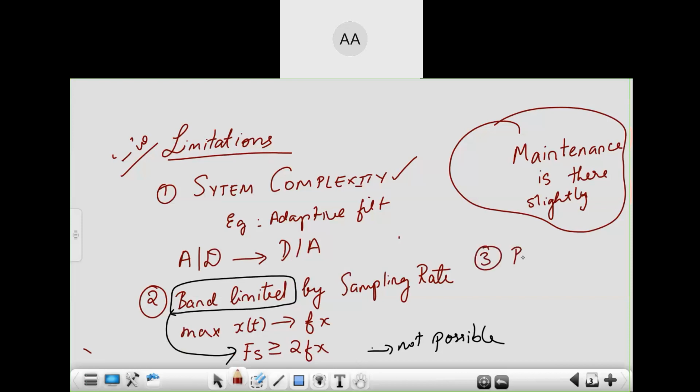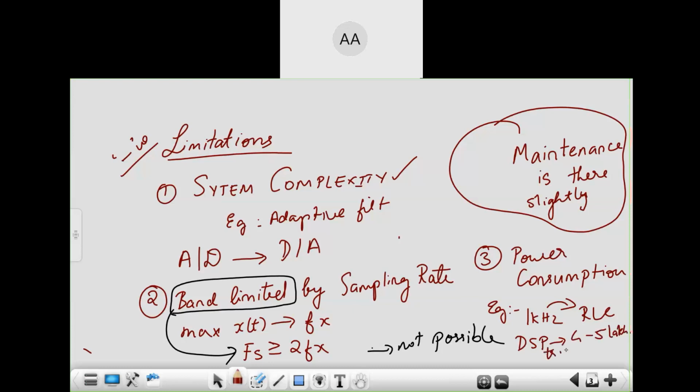So the most important thing you people are forgetting is power consumption. Just consider, suppose I want to design a filter of cutoff frequency 1 kilohertz. Just an example I'm giving you. Using simple RLC components, you can design this very easily. But the same thing in a DSP processor, just imagine how many transistors are there, roughly 4 to 5 lakh transistors are embedded.